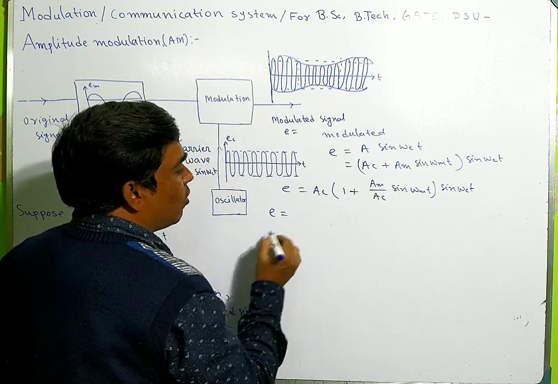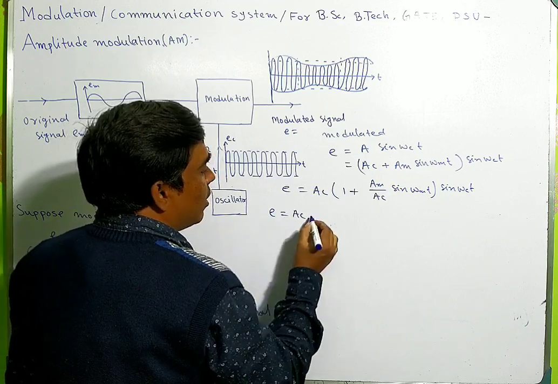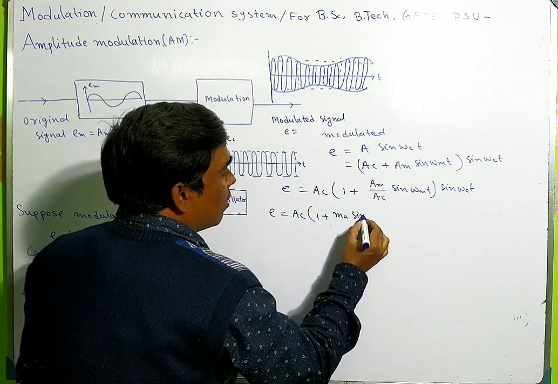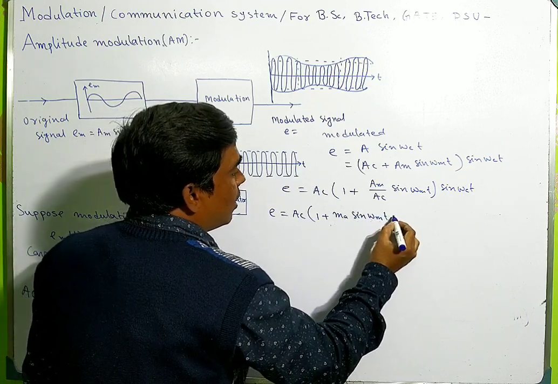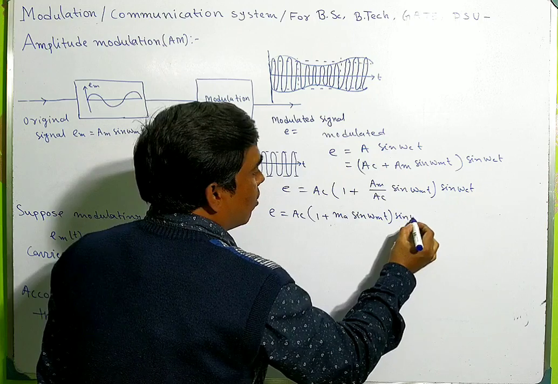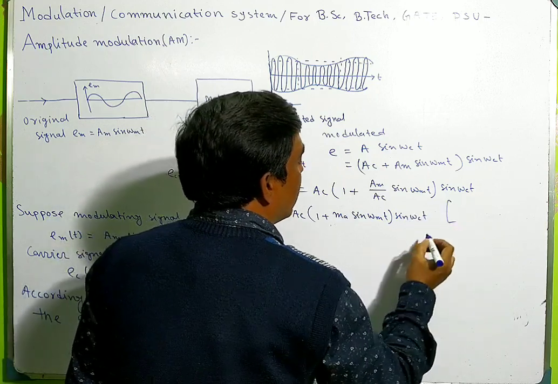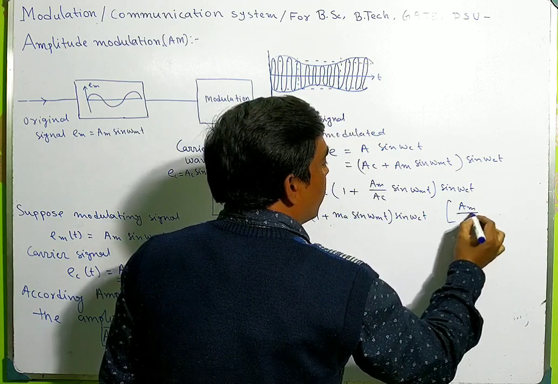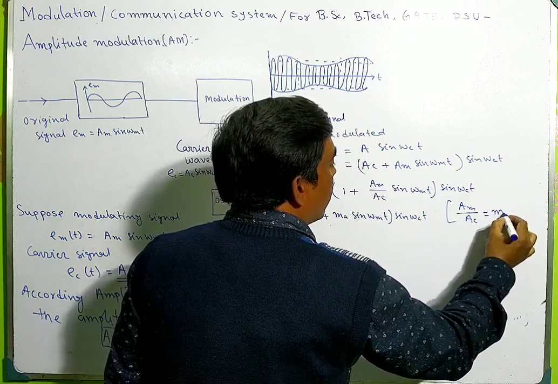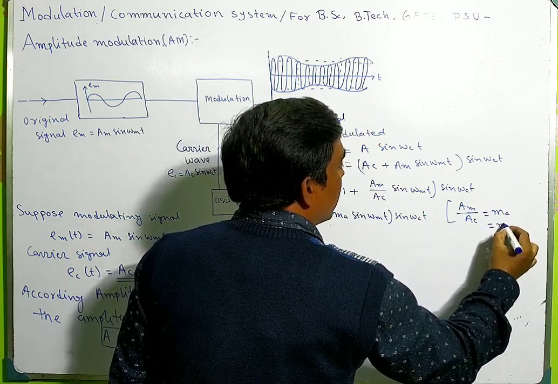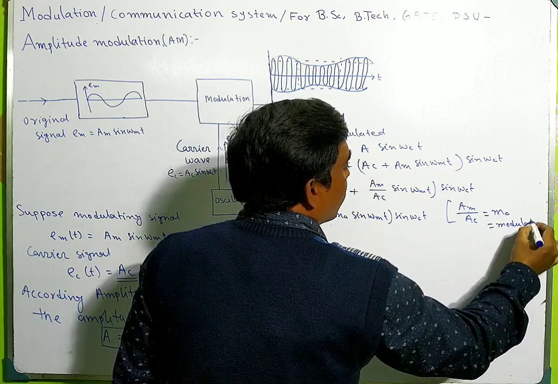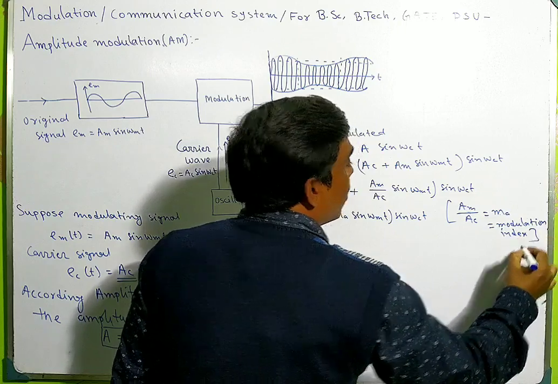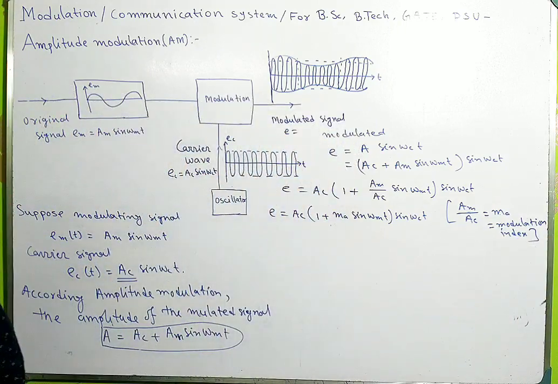So E equals A_c (1 plus m_a sin omega_m t) into sin omega_c t.